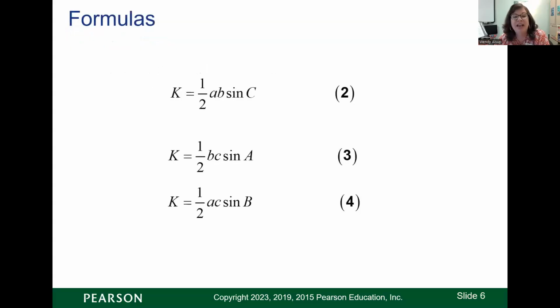Well, you could get the height, but instead of finding the height of the triangle, we're going to use these formulas where the area is 1/2 ab sine C. These are the two sides, a and b, but you don't know the angle A or the angle B, but you know the angle in between a and b, which will be the angle C. So 1/2 ab times the sine of C, 1/2 bc times the sine of A, 1/2 ac times the sine of B. All of them are the same. It's just 1/2 times the two sides and the sine of the angle.